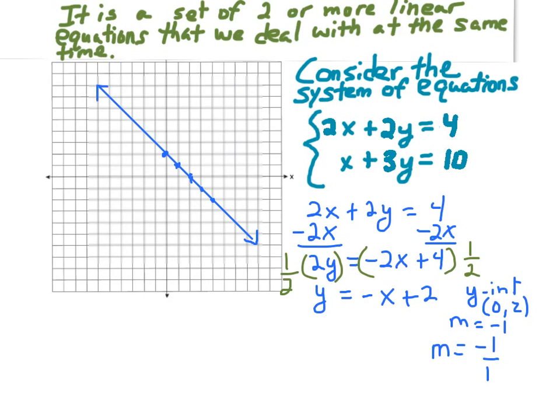And now let me graph the other equation. Just change the color so it doesn't all meld together. So x plus 3y equals 10. I'm going to get the y by itself, so I'm going to subtract x. And then I'll have 3y equals negative x plus 10.